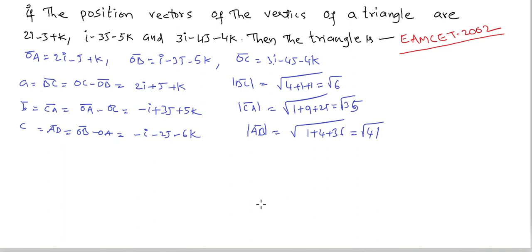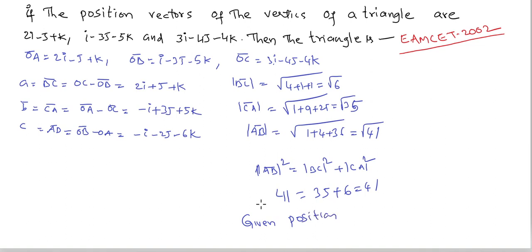Root 41 whole square is equal to root 35 whole square plus root 6 whole square, that is modulus of AB square is equal to modulus of CA square plus modulus of BC square. So 41 is equal to 35 plus 6. Given position vectors form a right angle triangle.